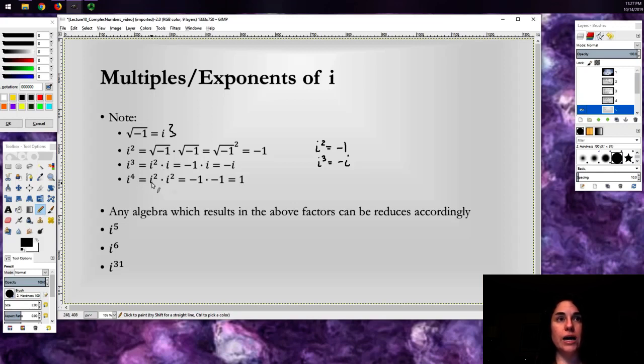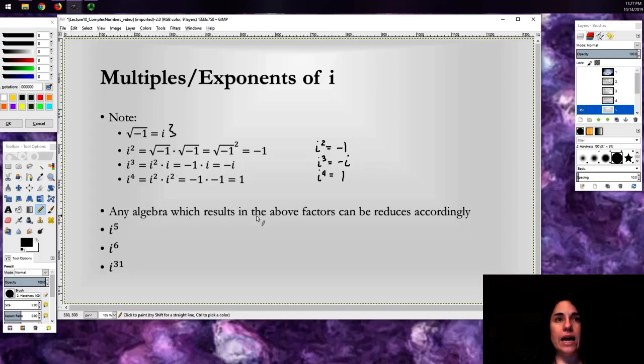I'm going to divide it up into i squared and then multiply by i squared again, right? 4 is 2 factors of 2. So I'm going to remember from my second line here, i squared is negative 1. And I have 2 factors of negative 1, so i to the 4th is 1.